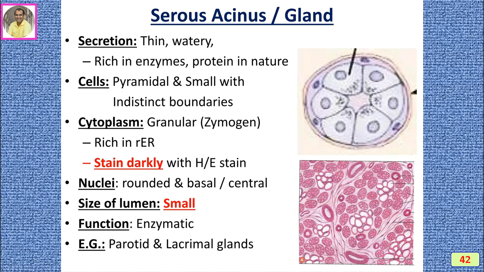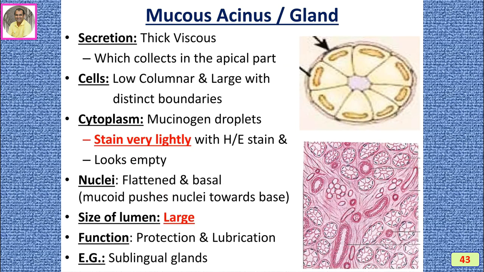Then functions are enzymatic in nature. The classical examples of serous acinous glands are the parotid and lacrimal glands. Then in mucous acinous glands, the secretion stains very lightly, and an example is the sublingual glands, which contain the mucous acinous cells.